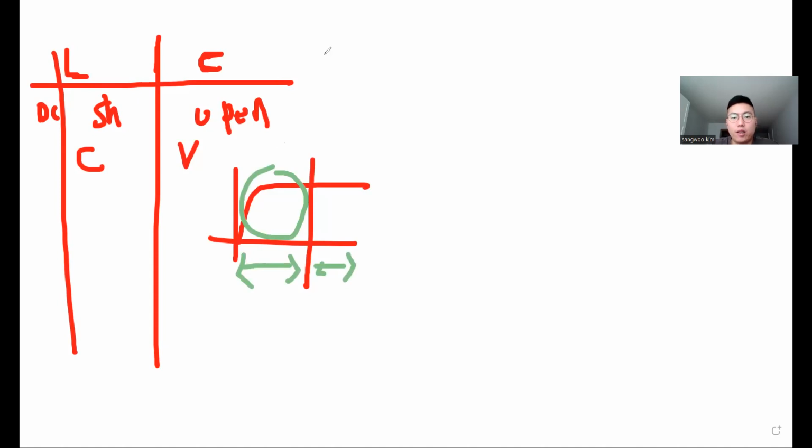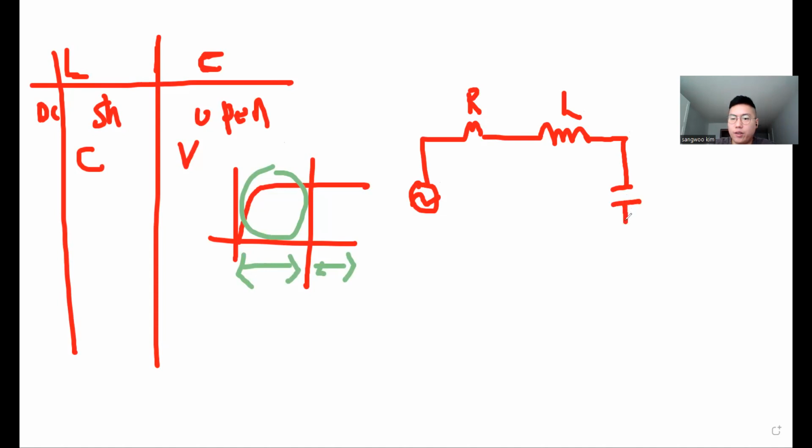For example, our power system looks like this: generator, R, L, and this is a C. We also call this earth capacitance or line capacitance.